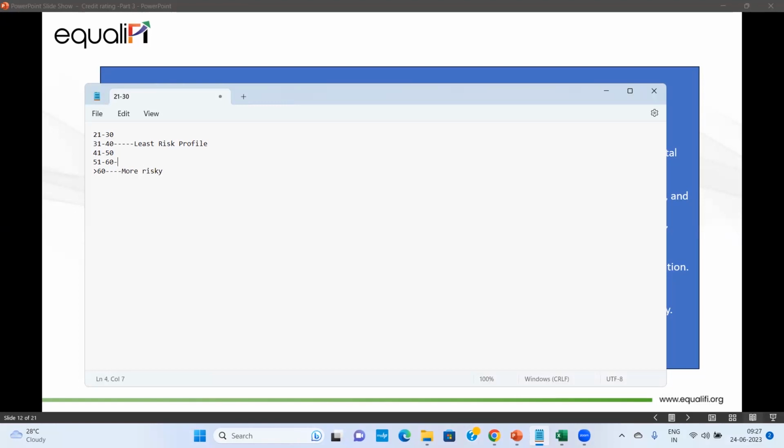This is moderate risky. Right? Yes, 31 to 40 is a matured age group, where you know that you have to pay your insurance premium.